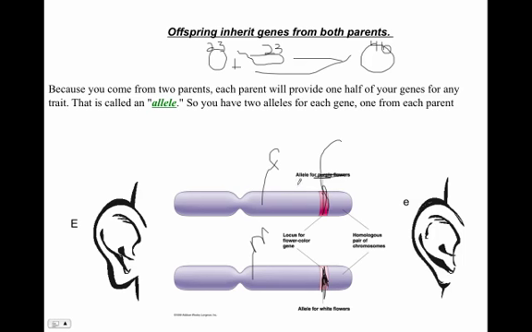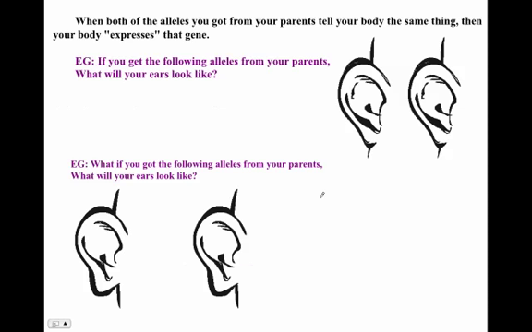So we call these alleles. Okay? You get an allele from your dad and an allele from your mom. So let's talk about scenarios. When both of the alleles you get from your parents tell your body the same thing, then your body expresses that gene.